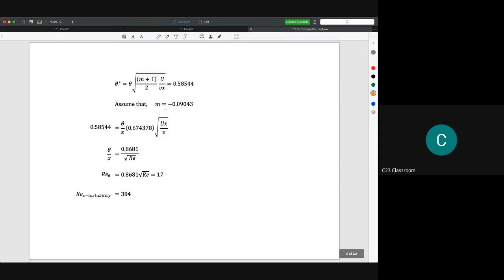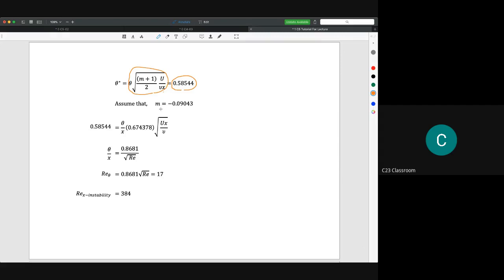Then again, we could start by equating the value of theta star here using this equation, and this equation I already gave in the slides or in the notes in chapter 4. Then we get the value m is equal to negative 0.09043.